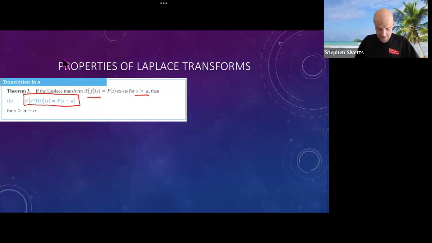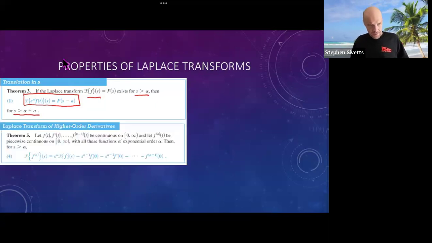What this means is it's a shift: you shift the Laplace transform by a units either to the left or to the right, and it's valid for s values bigger than alpha plus a.